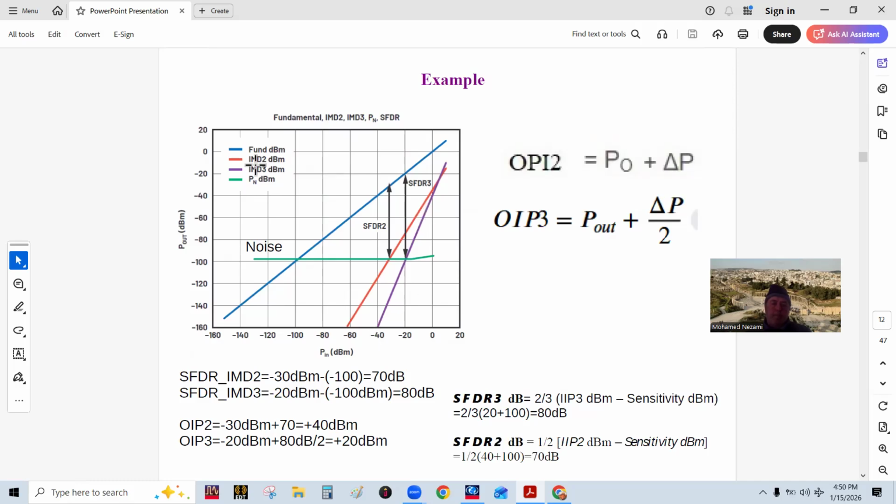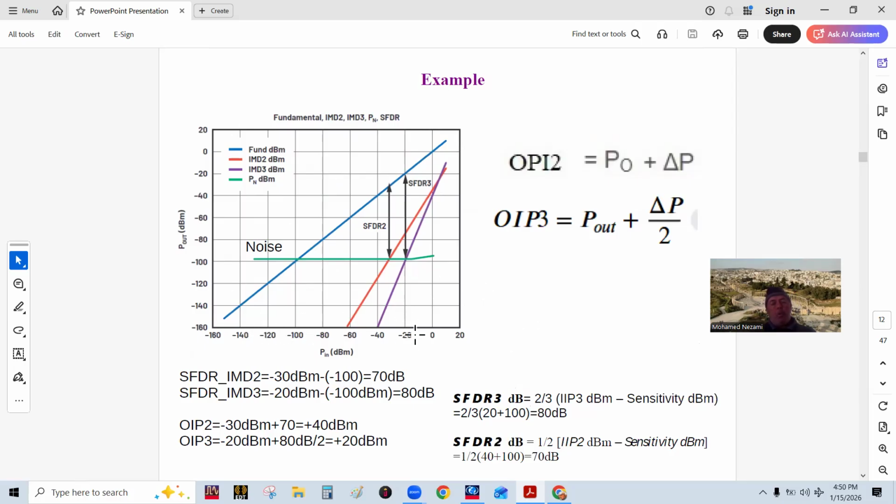This I took from one of the data sheets or the app notes. I forgot which one, but either ADI or TI. So we have a device, in this case an RF sampling ADC, and we put signals into it. Actually, this is the complete receiver, not just the ADC.